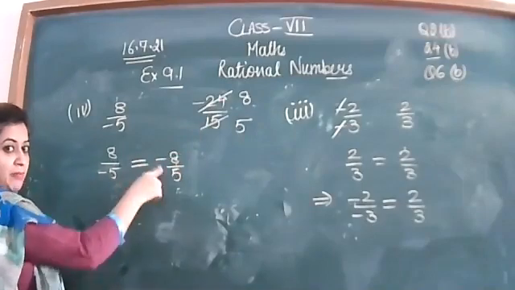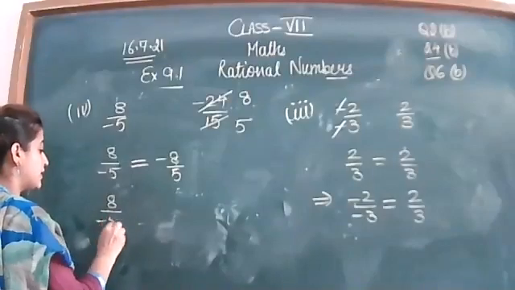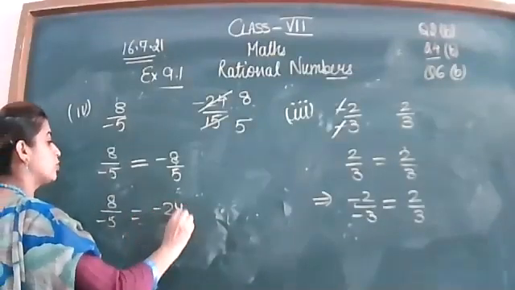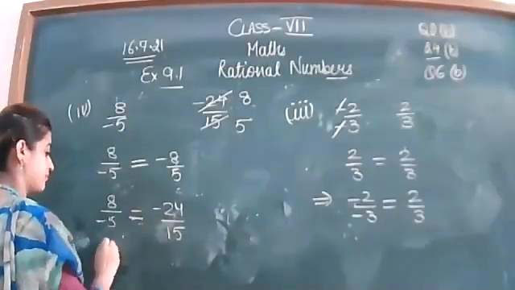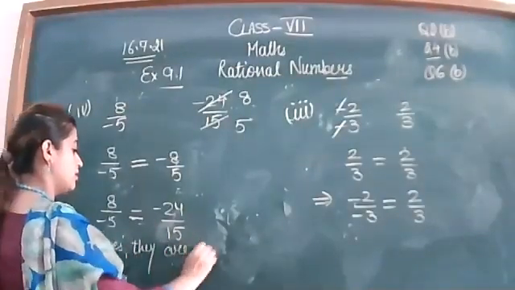Both are same. Minus you can put anywhere in the numerator or in the denominator. That means the numbers which are given in the question are same. Yes, they are same.